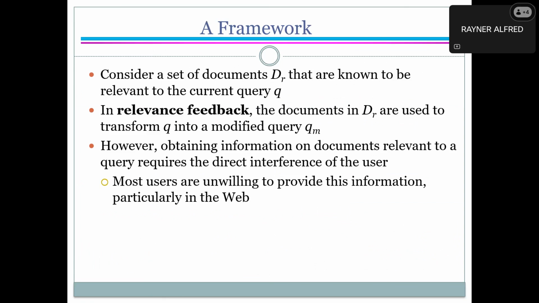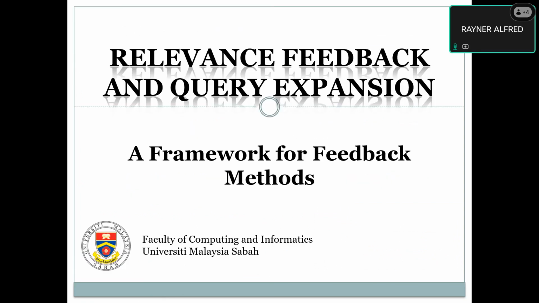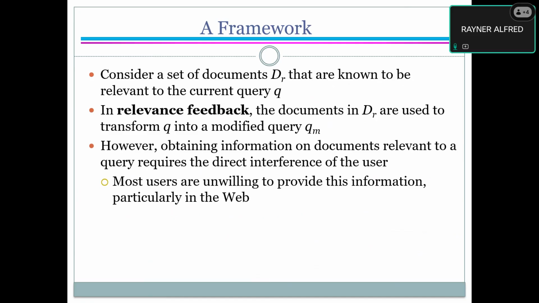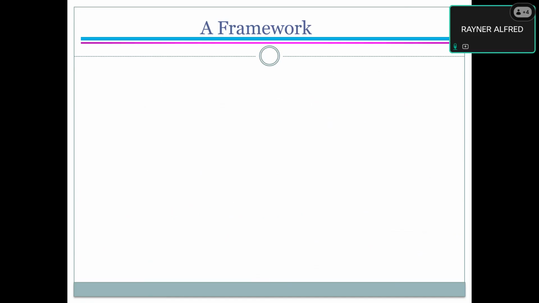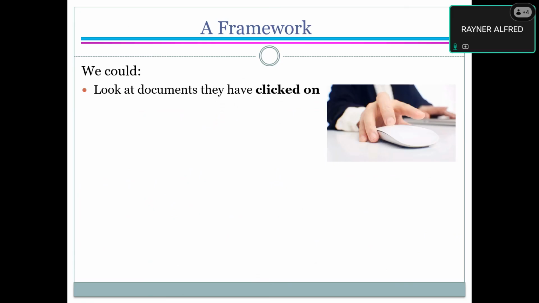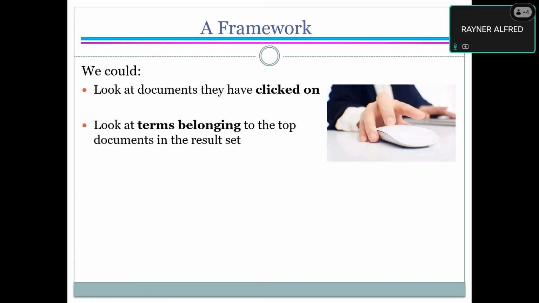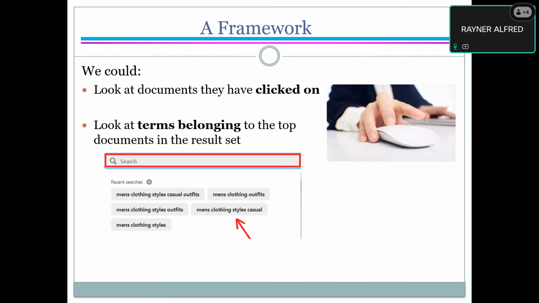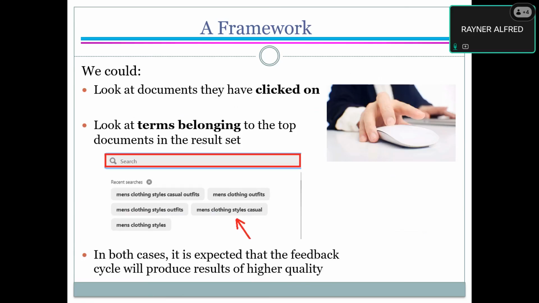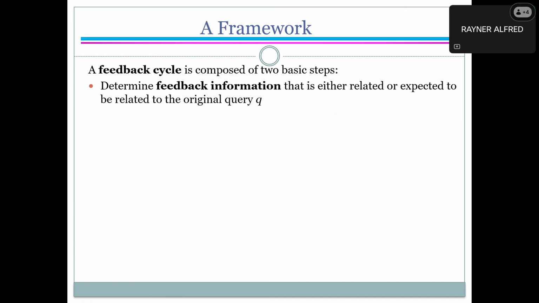Okay, the framework of relevance feedback can be defined as follows. Basically what we have is the documents that we click, and we look at the terms belonging to the top documents in the result. These are the terms that are normally used to describe. So in the feedback cycle, we compose two basic steps.